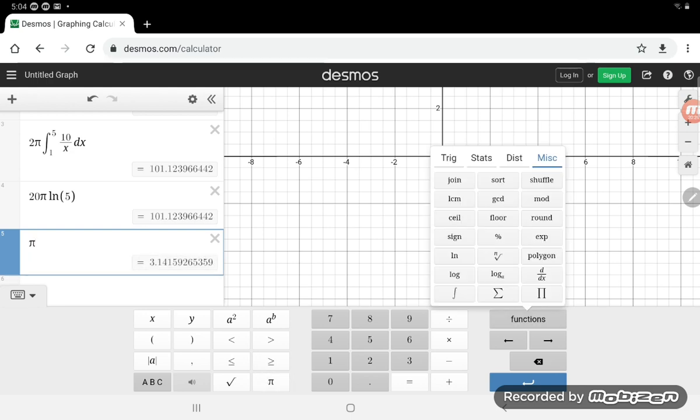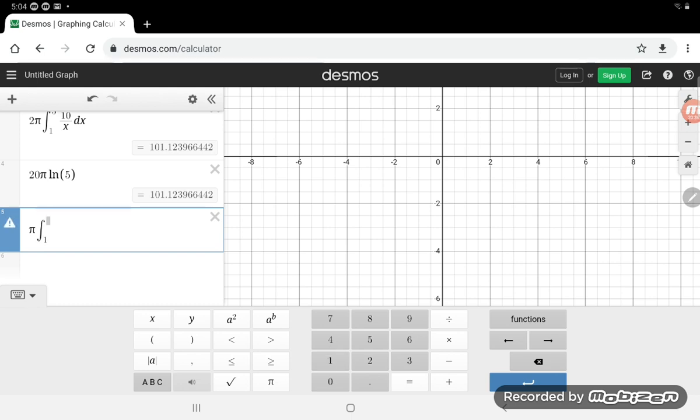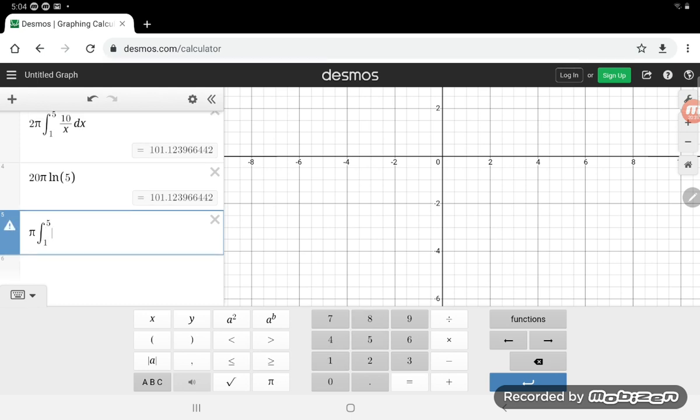Pi times my integral from 1 to 5, and that was 200x to the negative 2, and then minus, I think it was, 100x to the negative 4, and I need some parentheses, maybe.